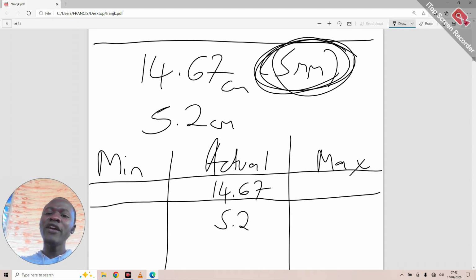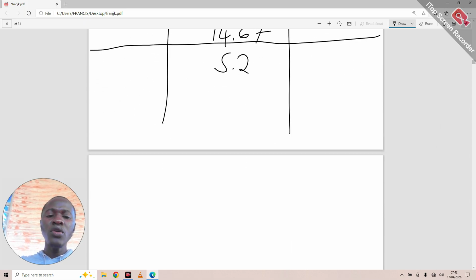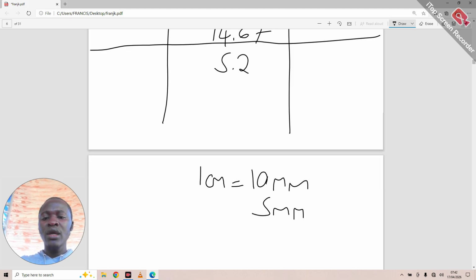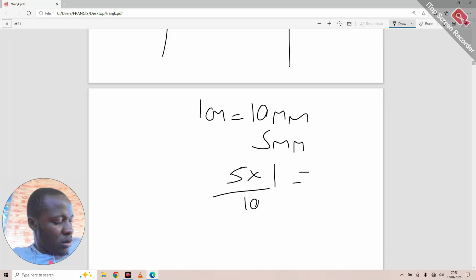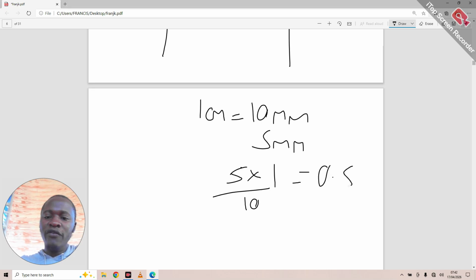So convert 5 millimeter to be the same unit as these other ones. You know very well that 1 centimeter equals 10 millimeter. How about 5 millimeter? You take 5 millimeter, you multiply it by 1, divide by 10. So 5 divided by 10 gives us 0.5. 0.5 what?